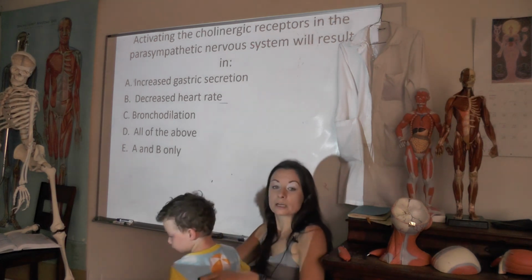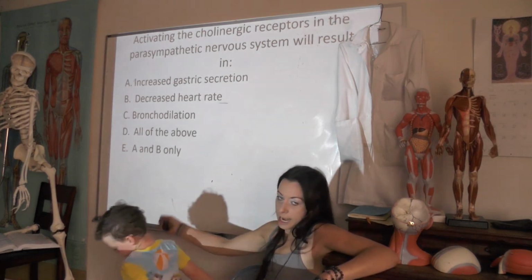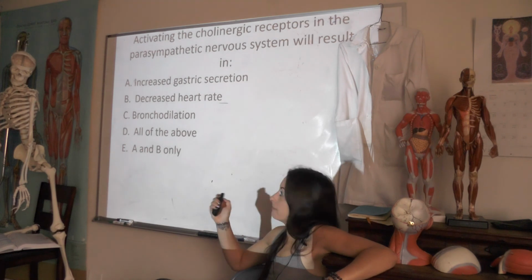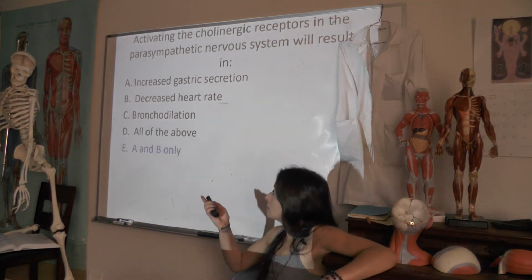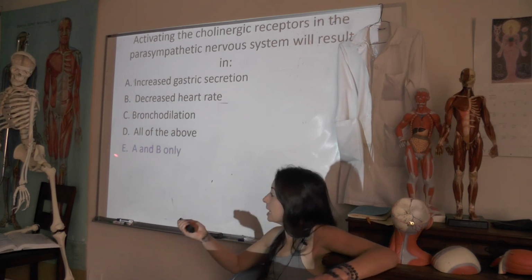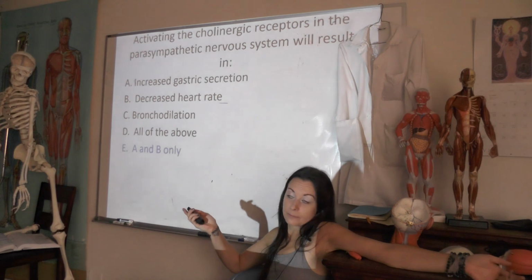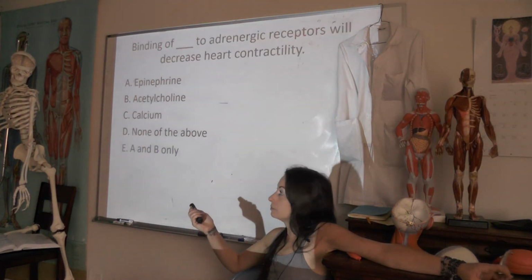But now they're muscarinic, not nicotinic, which means that they can have either a stimulatory effect or an inhibitory effect. And in this case, it's the parasympathetic division, resting and digesting. So we're going to increase gastric secretion. We're going to decrease heart rate. And the answer to this question is A and B only. It's the sympathetic nervous system that does bronchodilation.